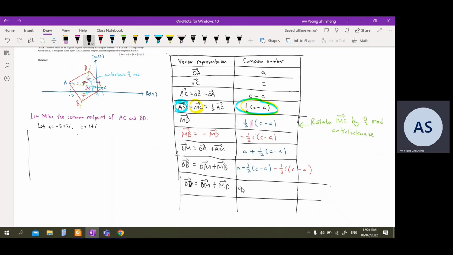So it's again the same A plus half C minus A, and MD is plus half I bracket C minus A. Okay.